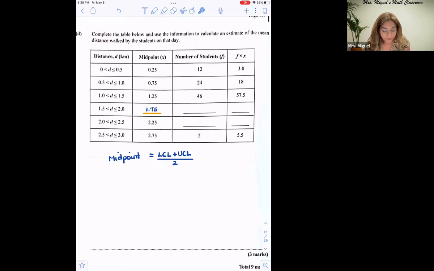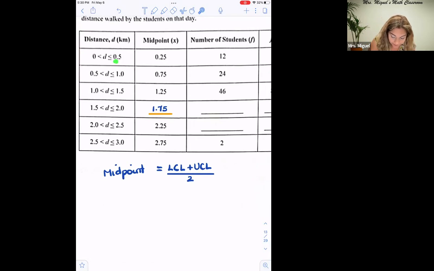There's no need to find the boundaries, because the values here are the same. So let's see how they get 12, 24, 46. We're looking at 0.5, 1.0, 1.5 kilometers.